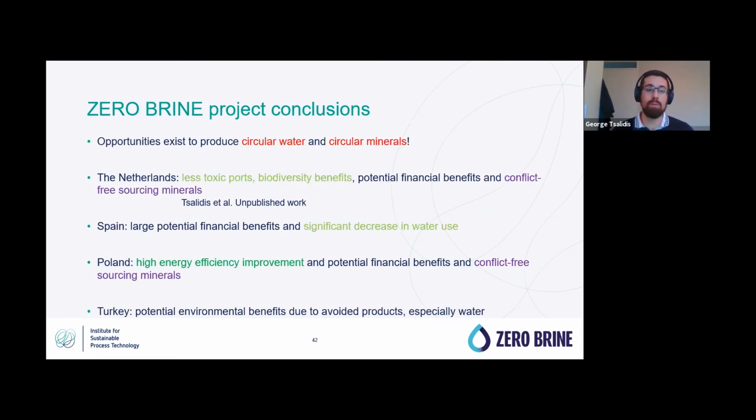In general, from the project, one would expect less toxic ports with greater biodiversity benefits and financial benefits.